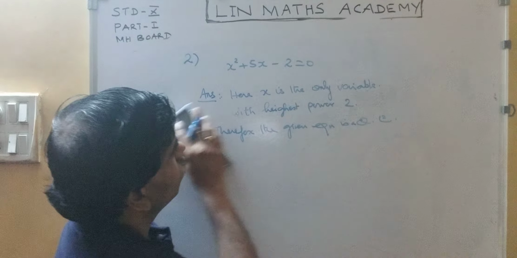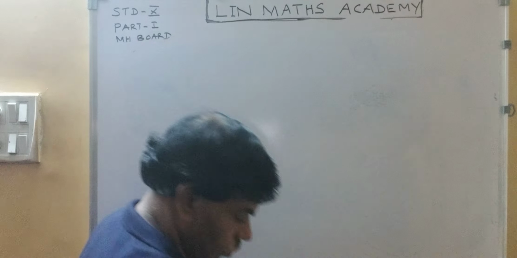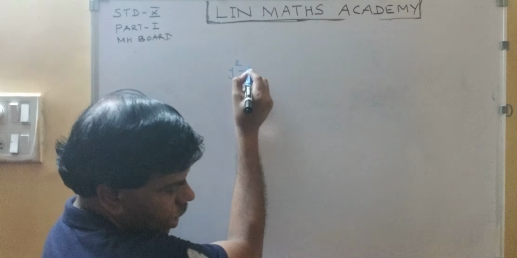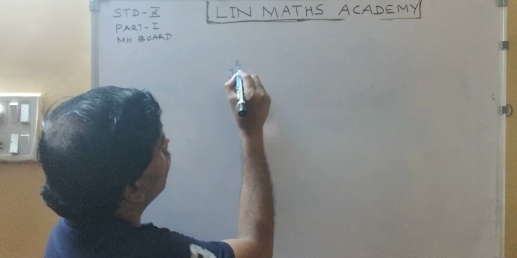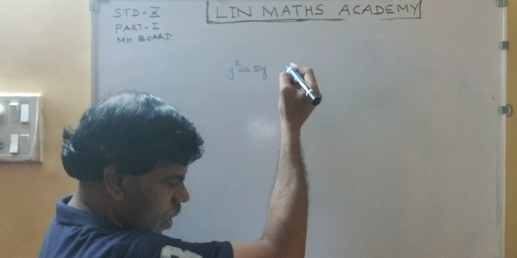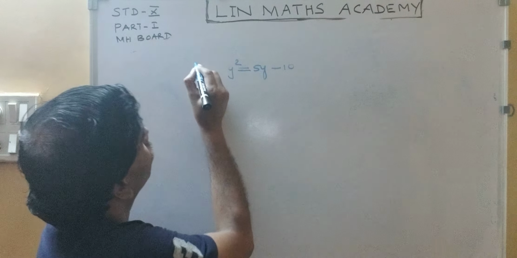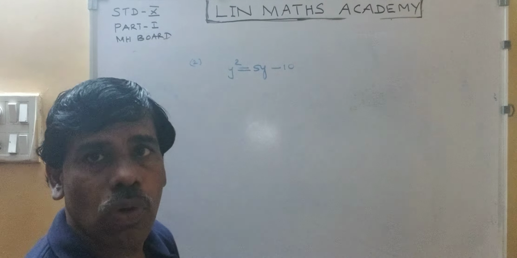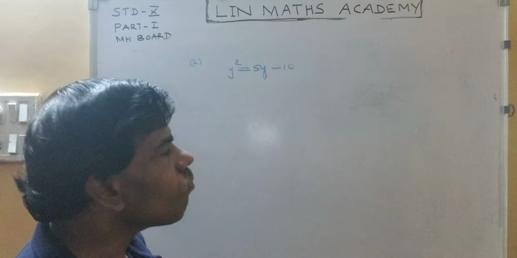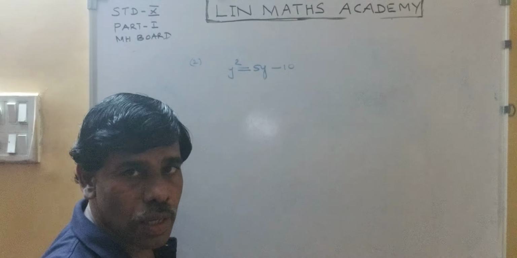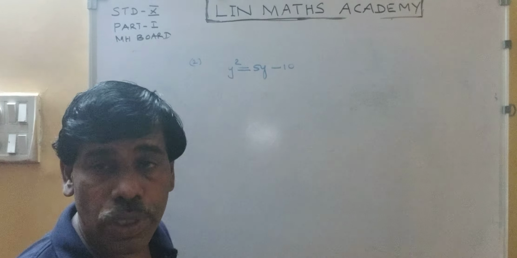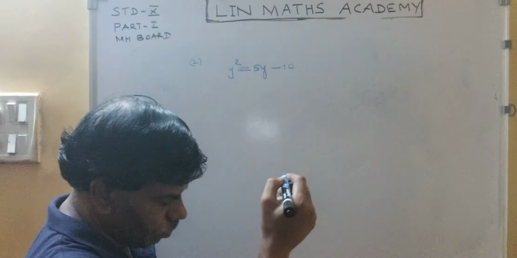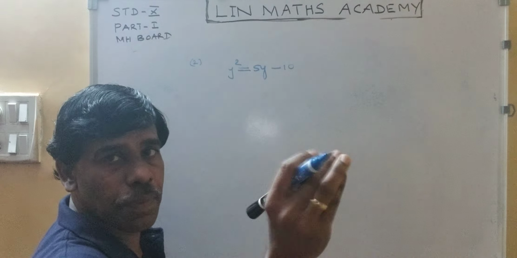Now, second one. y square equal to 5y minus 10. So, first of all, whatever equations are given, you should convert or reduce it into a standard form. So, what is standard form? ax square plus bx plus c equal to 0.